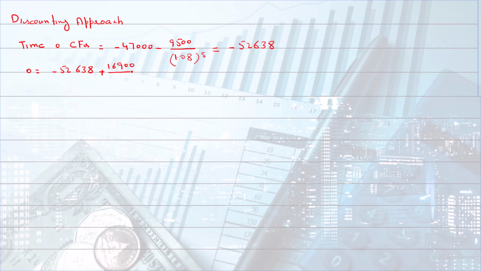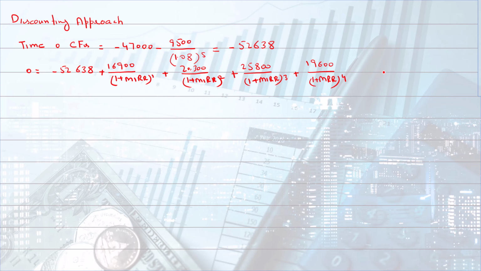So the MIRR using the discounting approach: plus 16,900 divided by 1 plus MIRR raised to power 1, plus 20,300 divided by 1 plus MIRR raised to power 2, plus 25,800 divided by 1 plus MIRR raised to power 3, plus 19,600 divided by 1 plus MIRR raised to power 4.